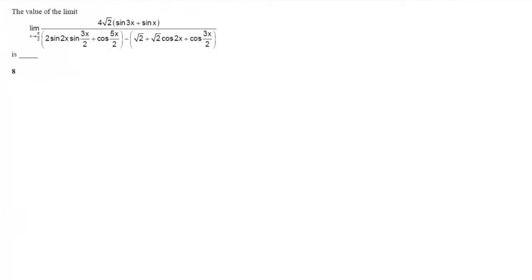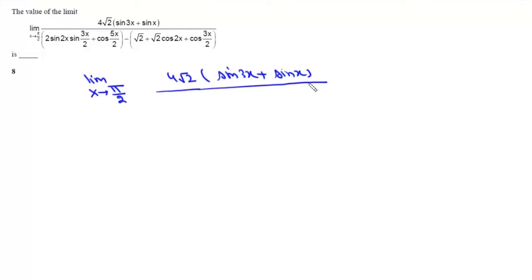Now here the question is, we need to find the value of this limit. Now this is limit x tends to pi by 2, 4 root 2 into sine 3x plus sine x, whole divided by 2 sine 2x into sine 3x by 2.